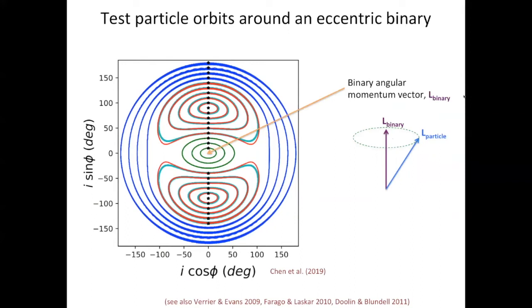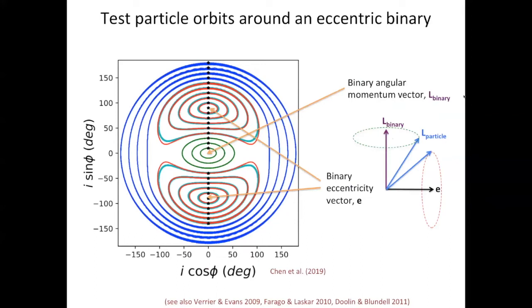However, for larger initial tilts, the particle doesn't precess about the angular momentum vector, but instead is precessing about the binary eccentricity vector. So in this phase diagram, the eccentricity vector is at 90 degrees to the angular momentum vector. So these are librating orbits centered on the eccentricity vector.